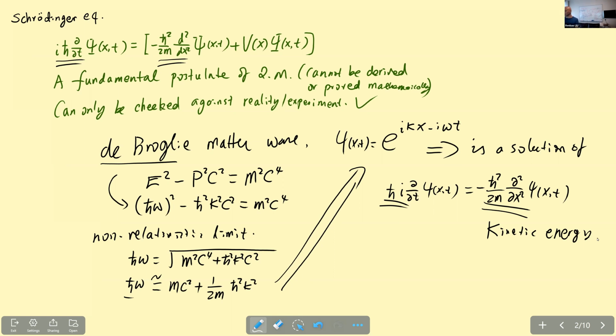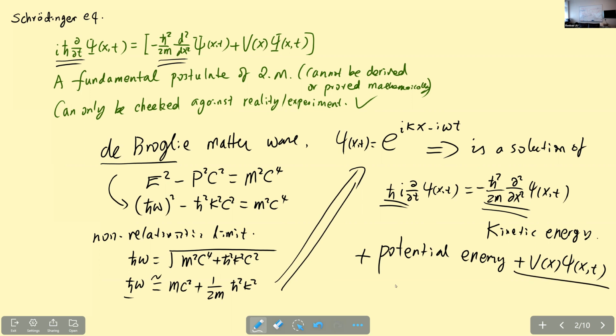And then maybe it's natural for us to just add the potential energy. That will give us another term. So this will give us the time-dependent Schrödinger equation. Of course, this is not derived.